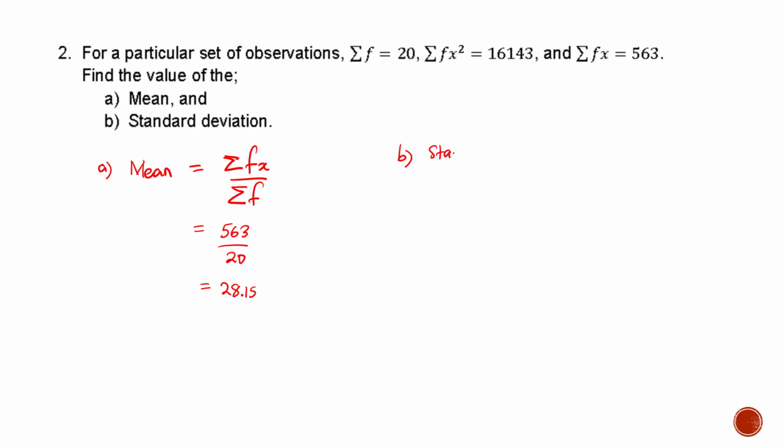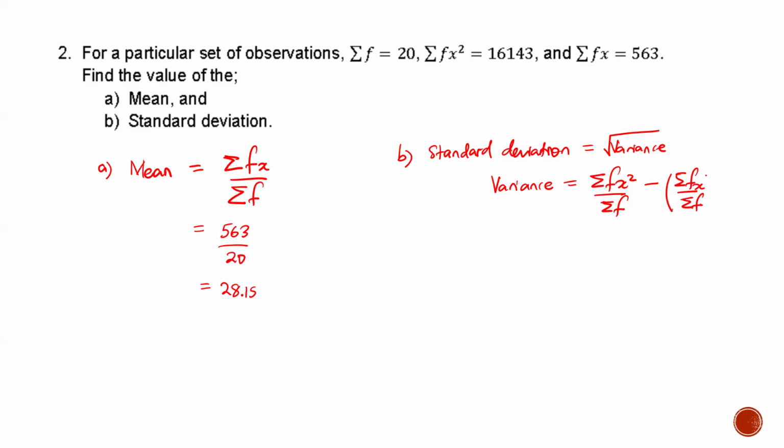Standard deviation, we know that the standard deviation is the square root of variance. So we first find the variance and then we can find the standard deviation. The variance is going to be the summation of fx squared out of summation of f minus the mean squared. That's what the variance is.